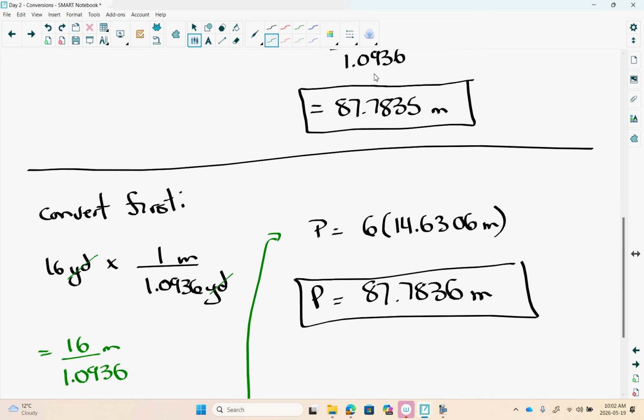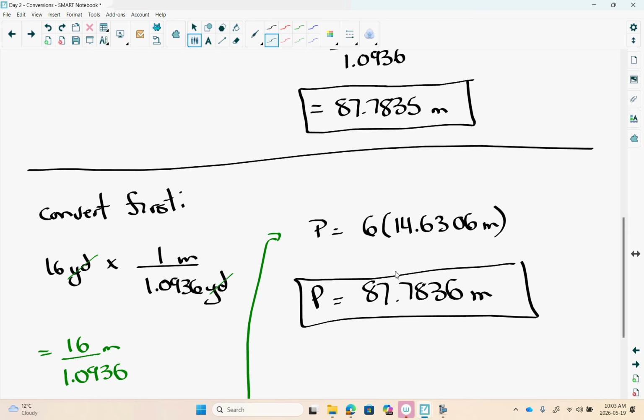Now, notice there's a slight rounding error if I convert first. If you are going to convert first, I would suggest going to 4 decimal places because that rounding error will be amplified when we get into area.